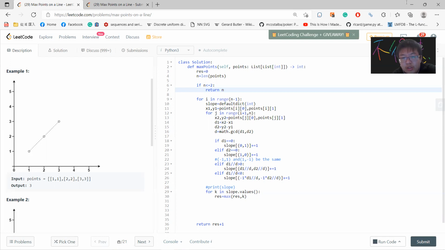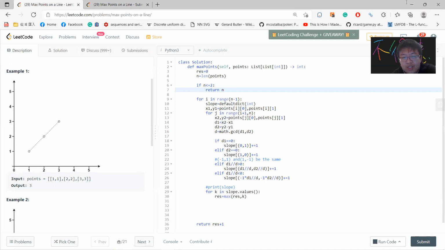And then the boundary case is that if d1 is 0, then everyone is on the y-axis. If d2 is 0, then everyone is on the x-axis. And also remember that minus 1 and 1, and 1 and minus 1 should be the same, right? So if d1 is less than 0, then you manually force the first coordinate to be positive. Also, these are all the boundary cases that you need to handle.